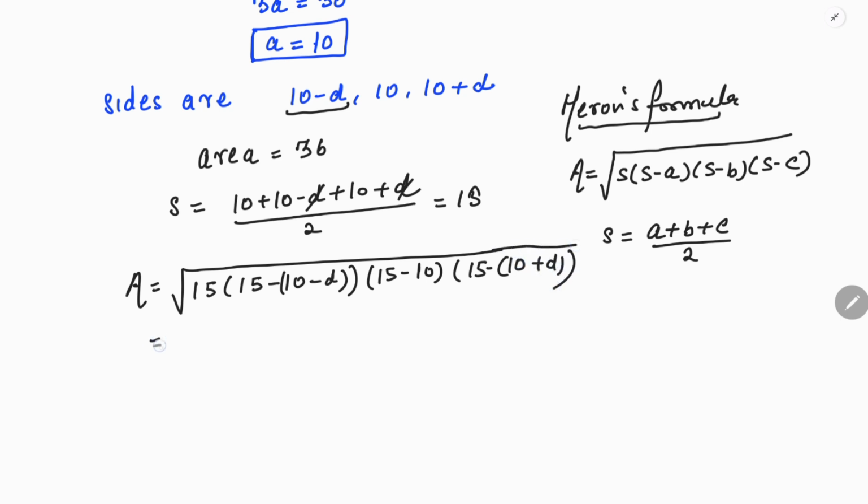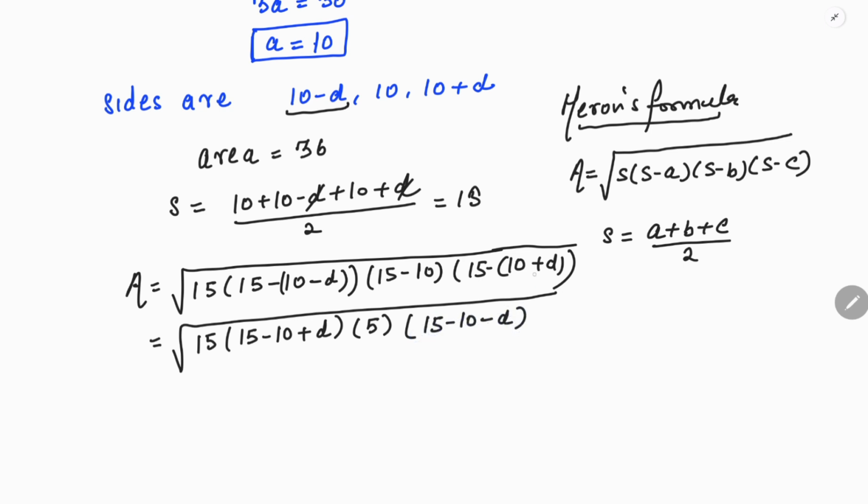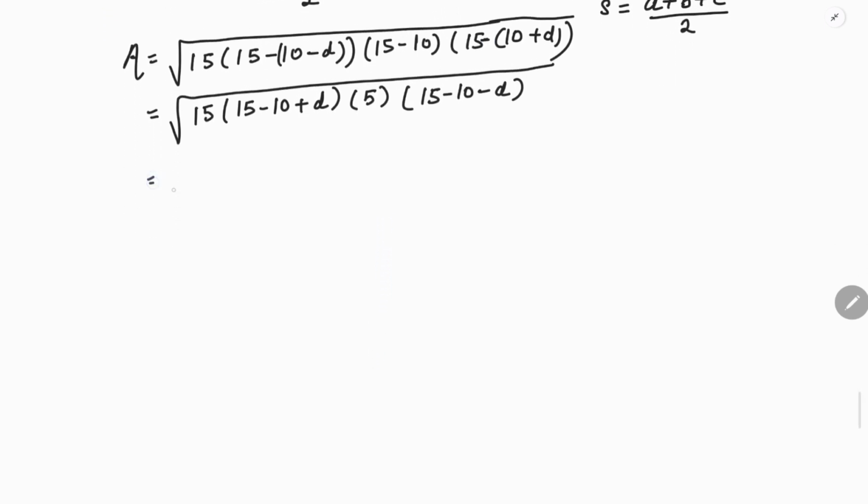Now I will change the signs. This is equal to the square root of 15, times 15 minus 10 is 5, and this was minus, it will become plus, so 5 plus d. Then 5, and for the last one, since we have a minus sign outside, it will become negative, so 5 minus d.